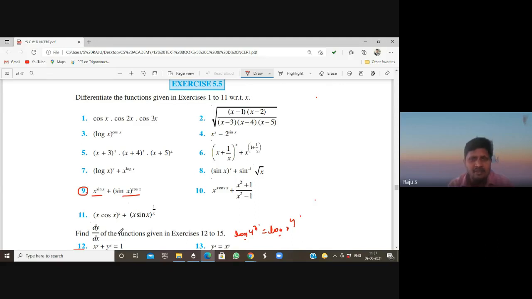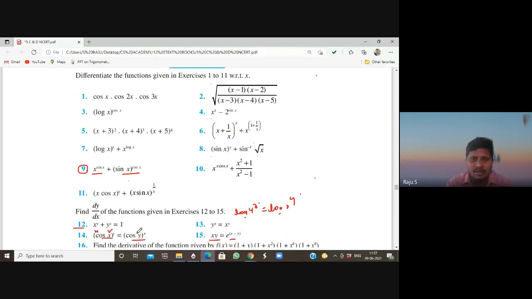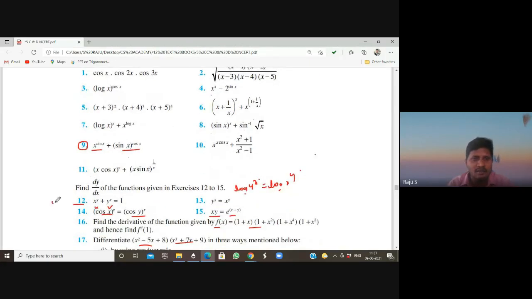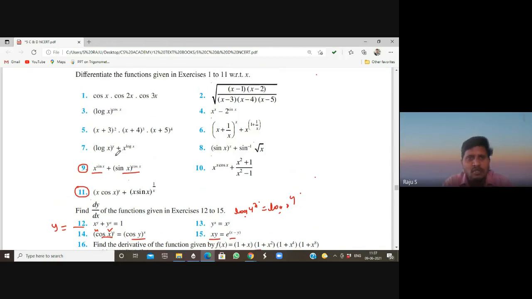All are very easy. All the cases we can do the same way. But from the 12th question onwards, we cannot consider y is equal to something. Till question number 11, each and every question is in terms of only x, nothing but these are all explicit functions.